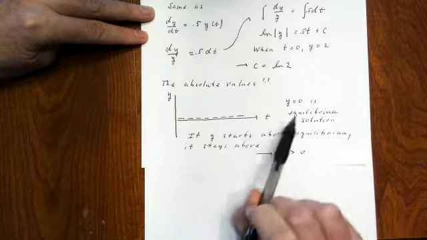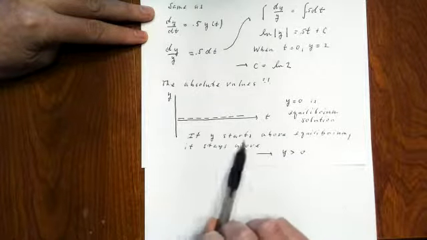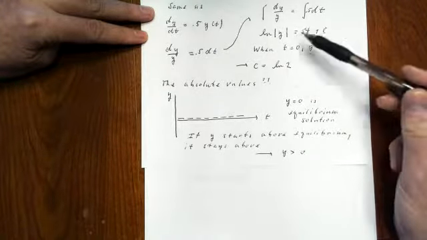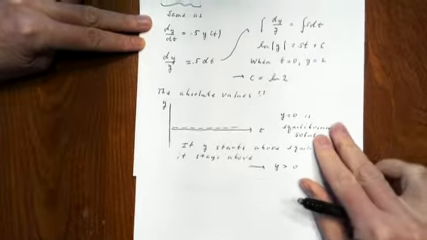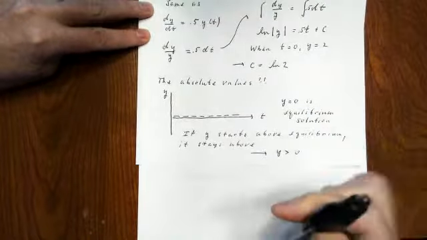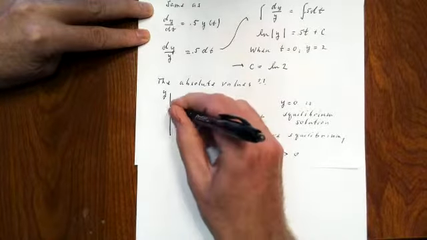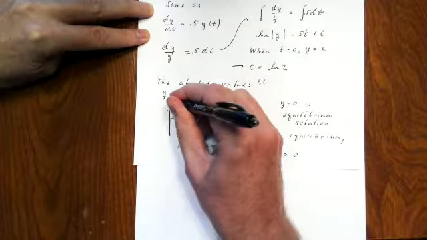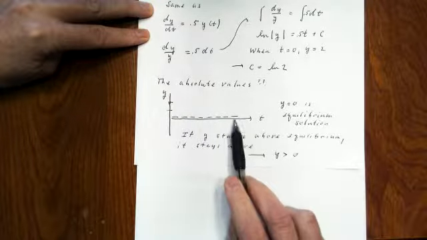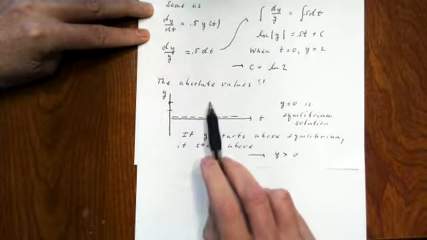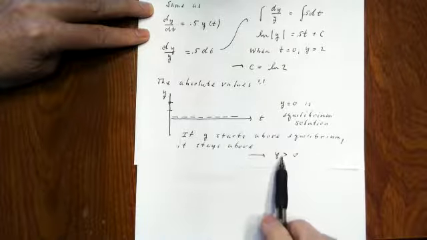Okay, so we know in our case that y starts above the equilibrium value because y(0) is equal to 2. So that means our solution is going to start up here at 2. And because the solution cannot cross the equilibrium value, the solution has to stay up here where y is positive.